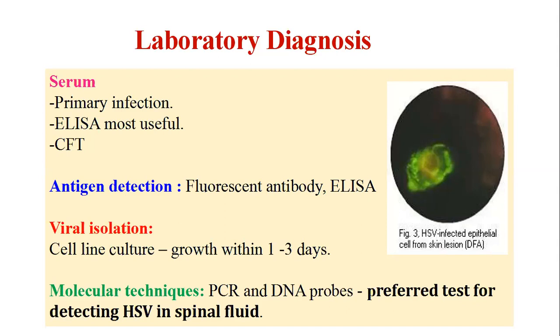In this picture you can see these HSV infected epithelial cells are expressing antigens, and a specific antibody tagged with the antigen is fluorescing. For virus isolation, you can go for cell culture, and within 1 to 3 days you can get the intimation for primary infection.